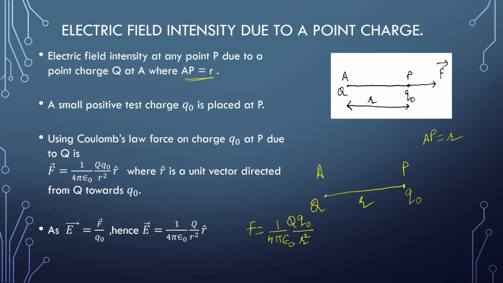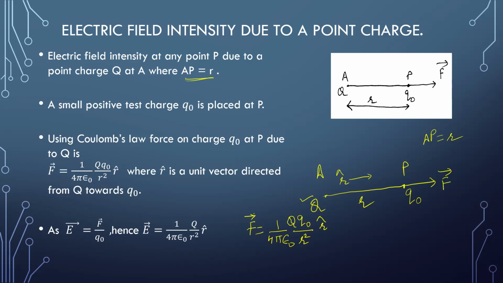If I want to write this expression in vector form, I can put a vector sign over F and write r cap, where r cap is a unit vector directed from capital Q towards Q naught, right?